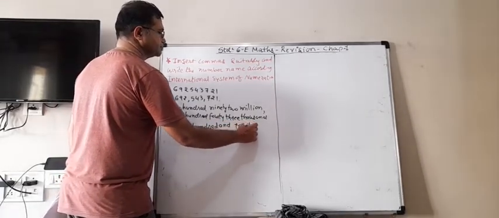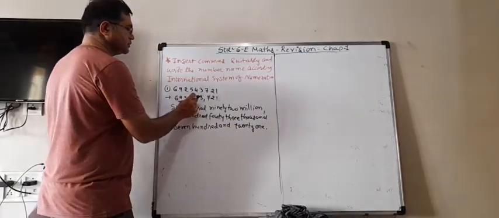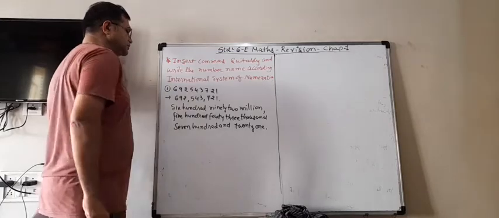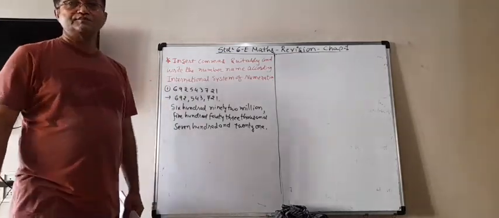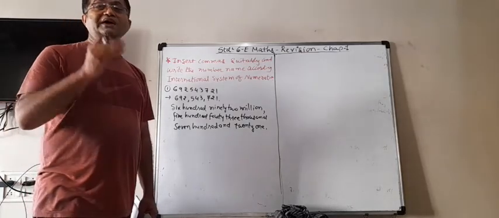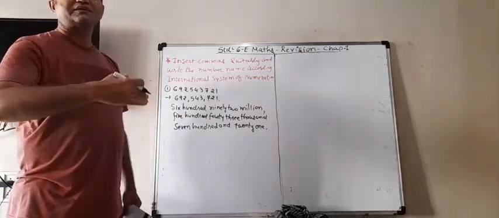So it separates after the 10,000 place, because it is 100,000 also. Then in place of lakh and crore, there is direct million, 10 million, 100 million.